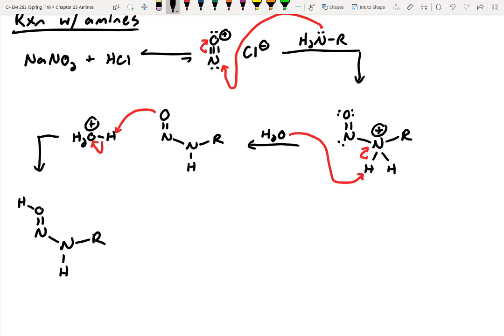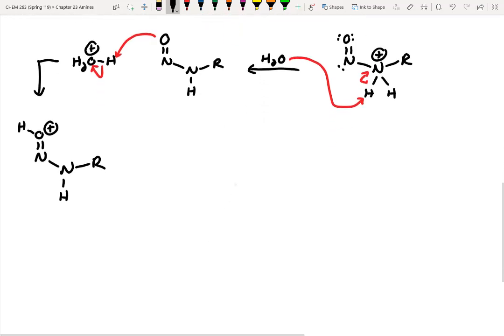Some students just do this as plus or minus H+. I just wanted to draw out all the steps so we can follow along with what's occurring here. All right, so now we've got water floating around again. Water in this next step is going to help neutralize that positive charge on the oxygen. Oxygen's not happy with that positive charge. One option would be just to rip the proton back off, but then we're just going backwards.